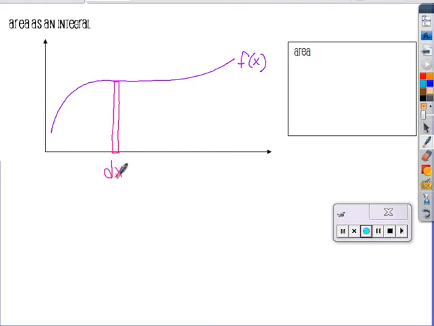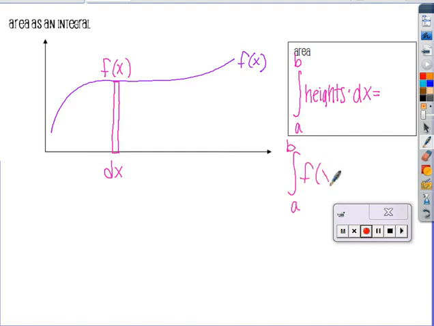This is my dx, the height is f of x, and we end up finding the area as an integral because we do the integral from a to b of the height times dx, dx being the width, which really ends up equaling the integral from a to b of f of x times dx.